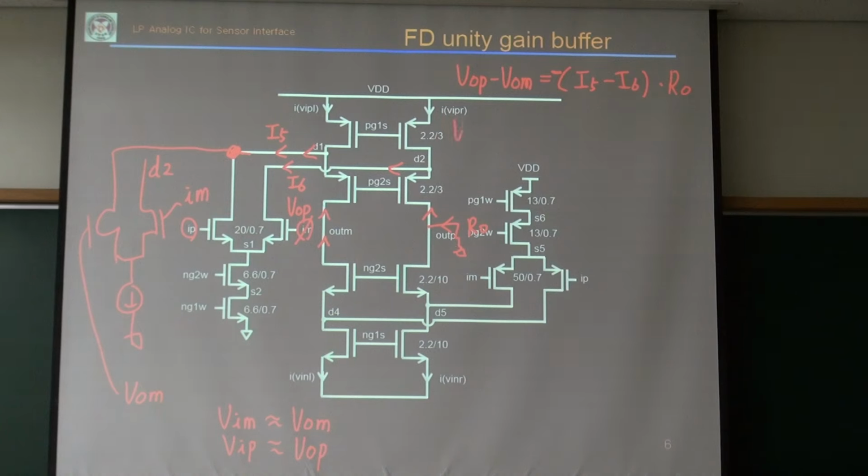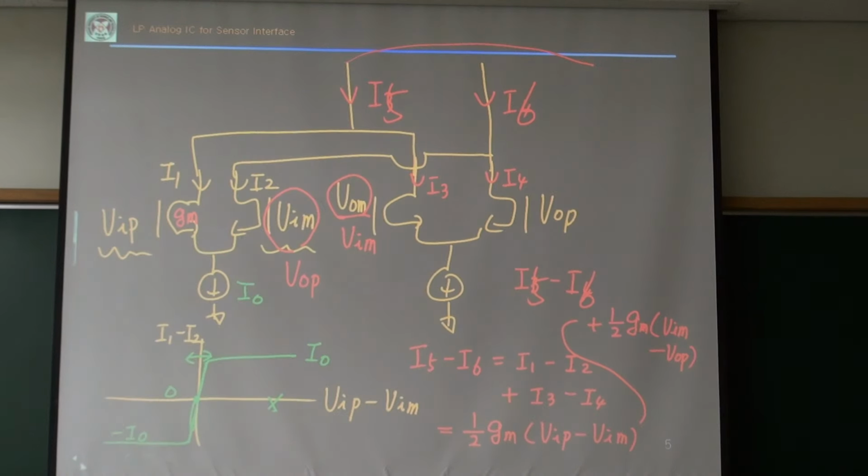Then this VOP minus VOM should be, let's look at what it was. It was just half GM. Let's go to the previous slide. Oh yeah, here. Just half GM, IPOP. Oh, sorry, IPOP, right?